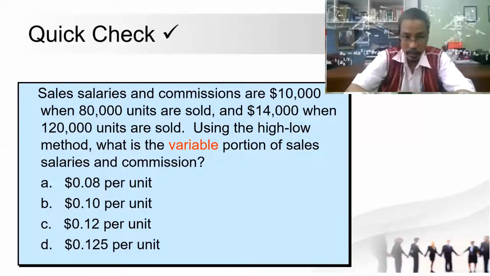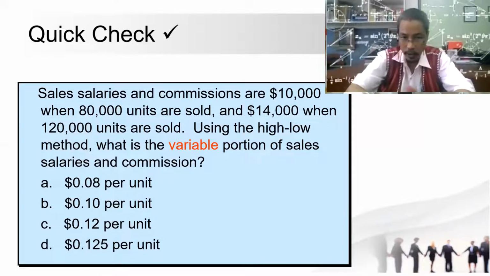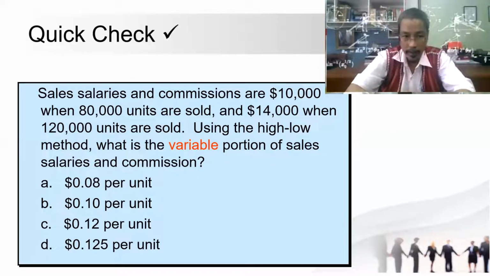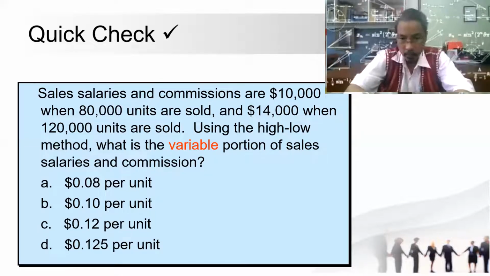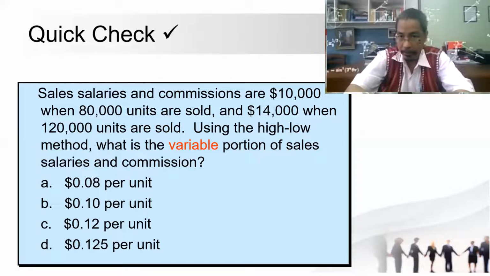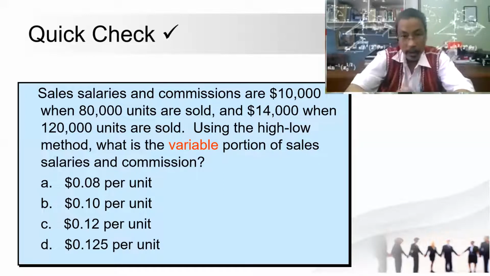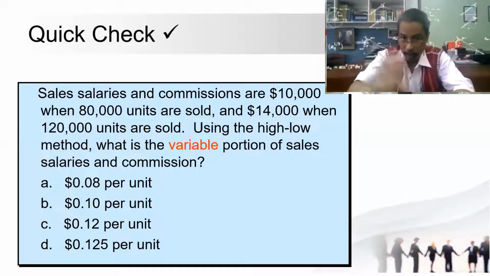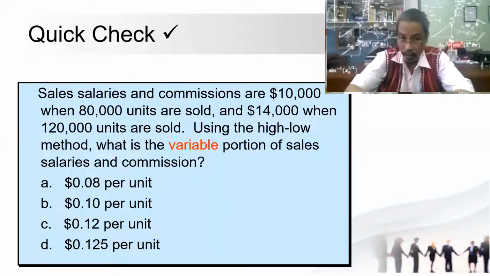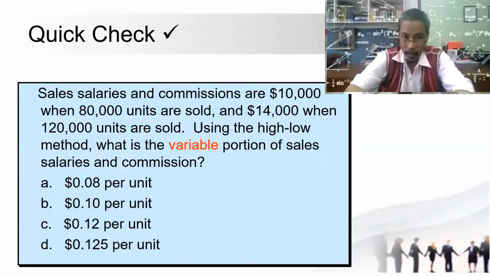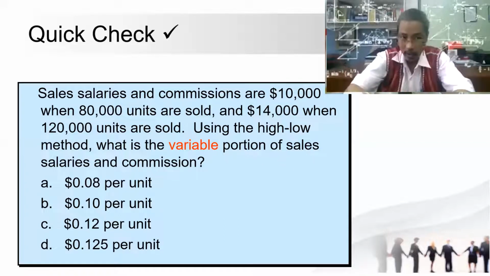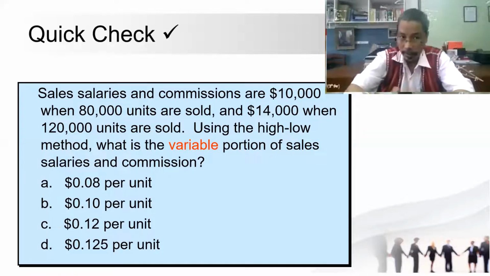Using the high-low method, what is the variable portion of sales salaries and commission? It's very simple, because we just have to subtract the amount, which is 14,000 minus 10,000, that is 4,000, and divide by the difference in number of units, that is 120,000 minus 80,000, that is 40,000.